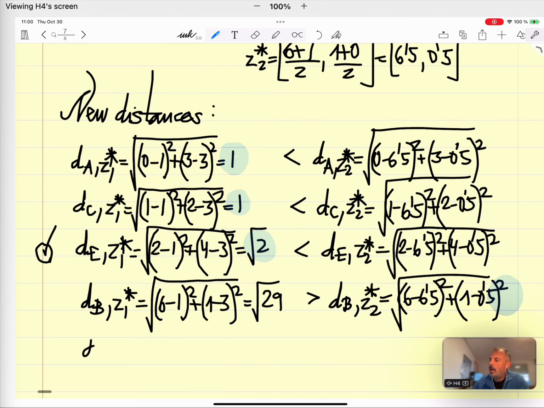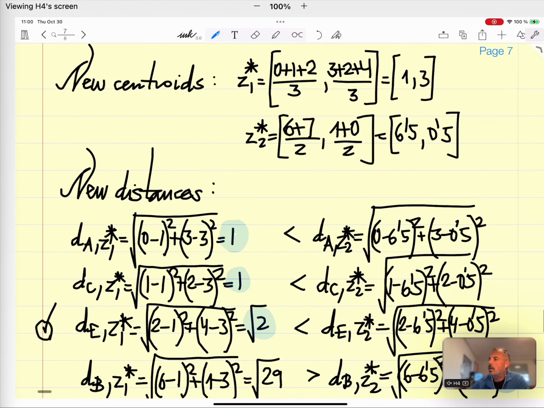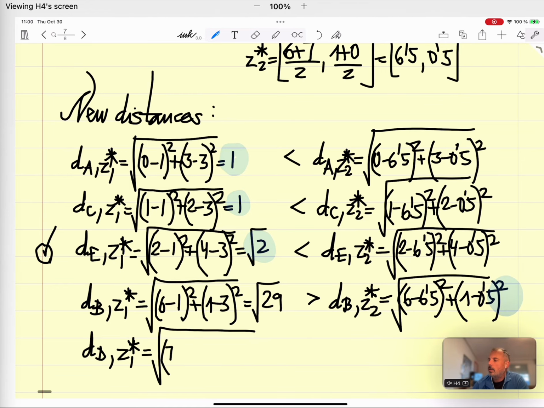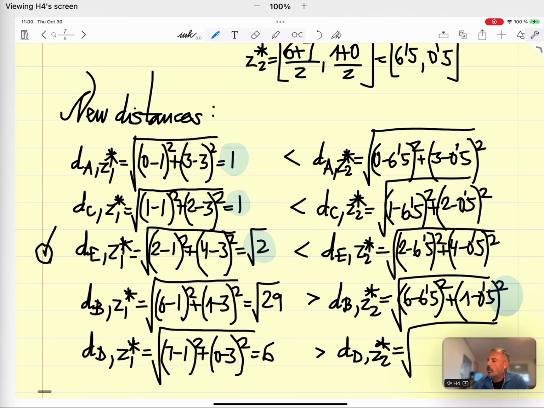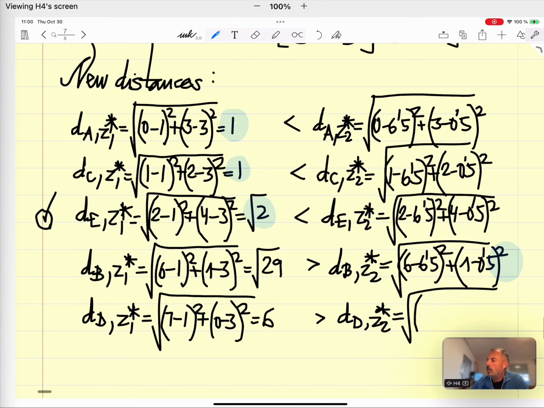And then D to Z1 is 7, 0, right? So (7 minus 1) squared plus (0 minus 3) squared. This is way bigger than D to Z2, which is (7 minus 6.5) squared plus (0 minus 0.5) squared.